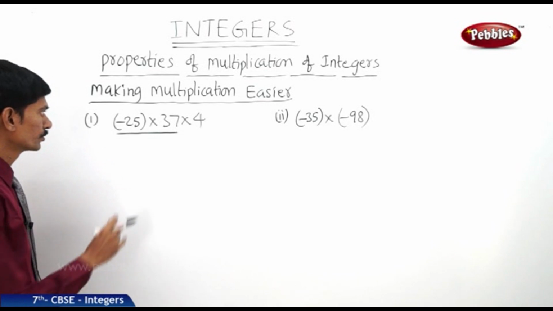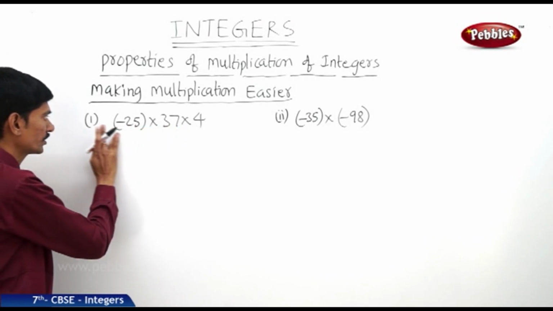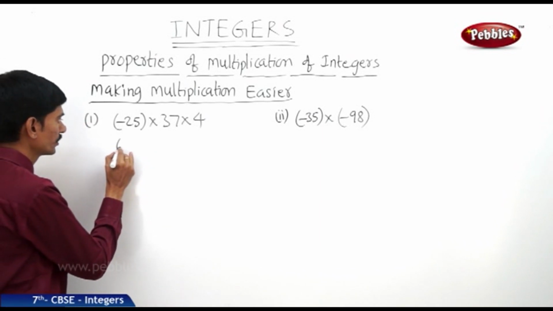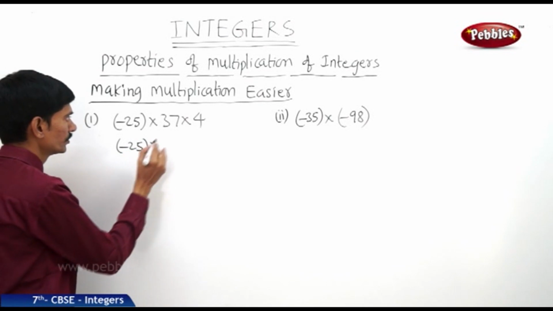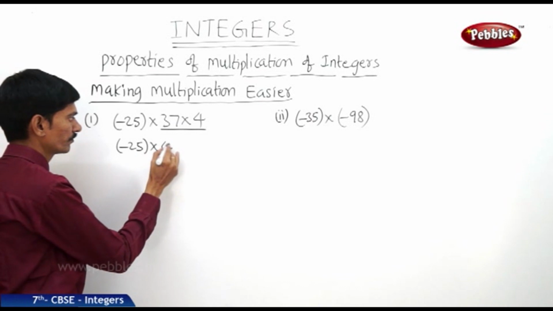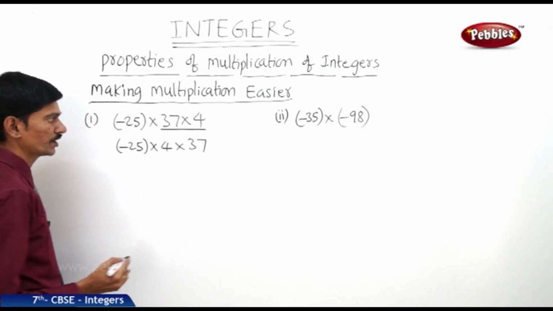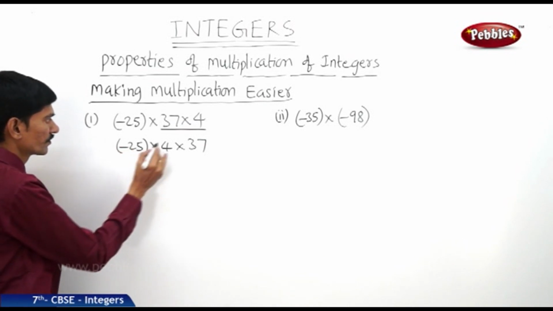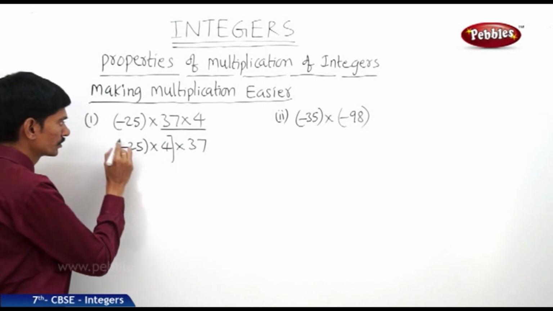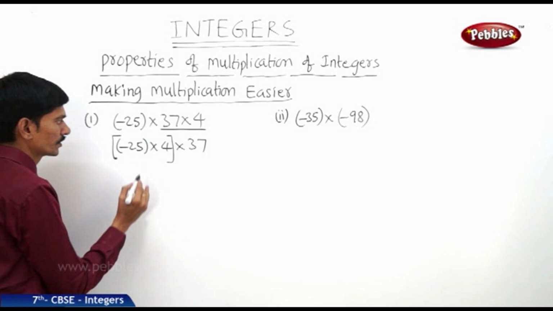So instead of doing that, we can use the properties and make the multiplication easier by using the commutative property. So we can write minus 25 into 4 into 37, where 37 into 4 is written as 4 into 37 by the commutative property of multiplication. Now by using the associative property, we will group these two integers together.